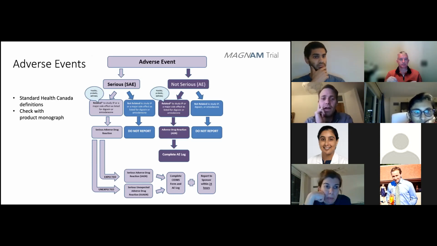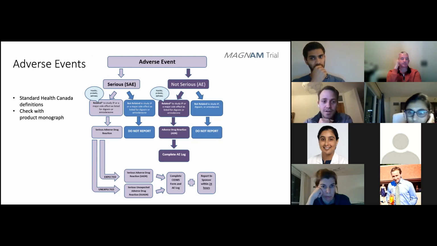These are standard Health Canada definitions for serious adverse events and adverse events. They're based on the Health Canada product monographs, which we also have listed on our online resources that we will share with you. For example, a serious adverse event for amiodarone could be cardiac arrest or arrhythmia.